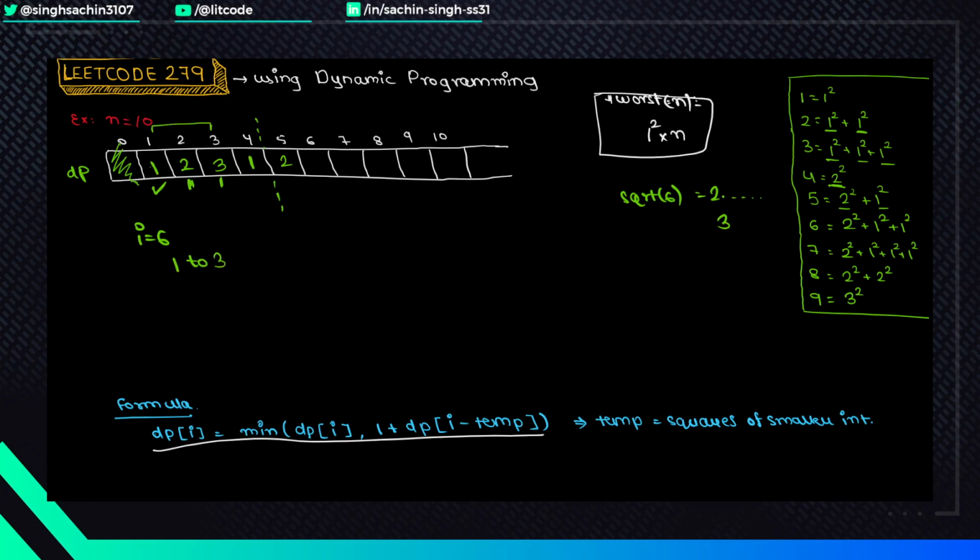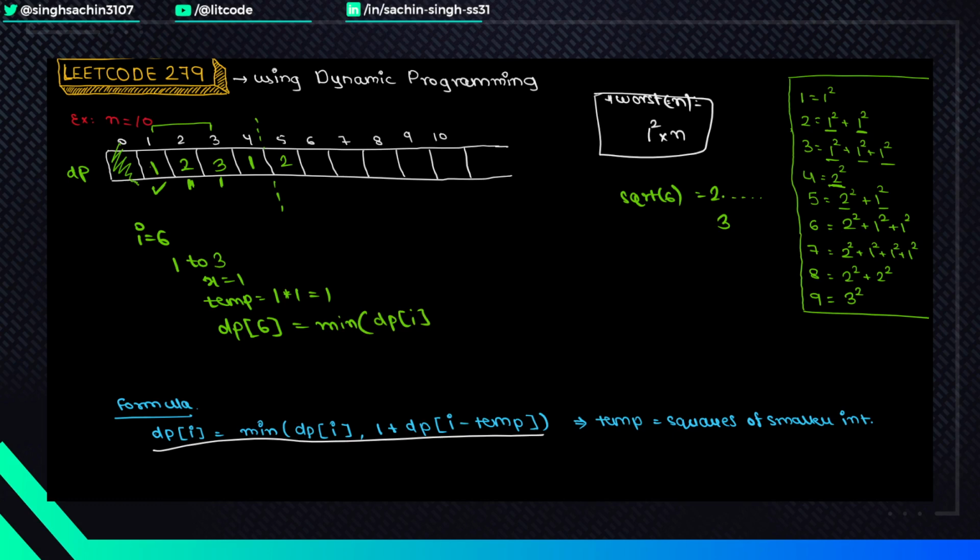Now we'll start with 1. Let's take x is 1 now. Take a temp variable and do the square of this one. 1 multiplied by 1 will be 1. I want to fill the value in 6, right? dp of 6 is equal to minimum of dp of i.